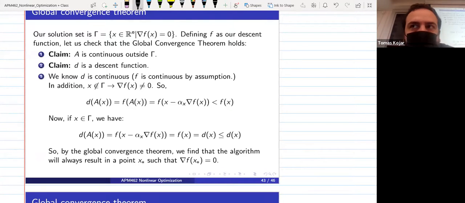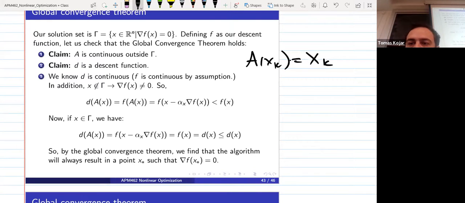Right, so let me do the particular case. In our particular case, we had A of x equal to, let me do the discrete, A of x_k equal to x_k minus a_k gradient of f of x_k, right? This was called gradient descent.